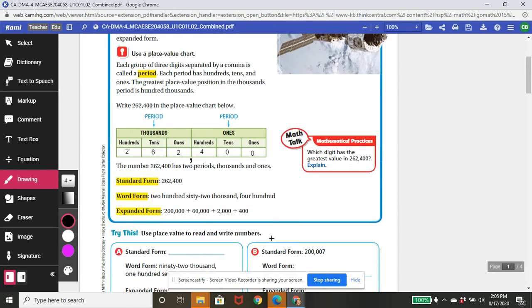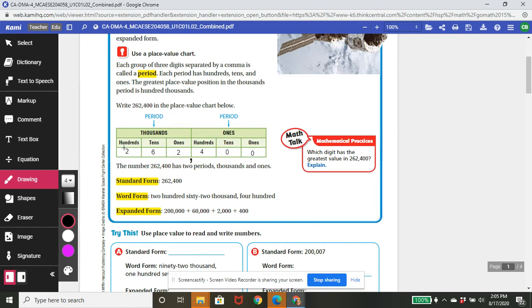Next, I'm going to write it out in expanded form. And the way that I do this is I take each column and I turn the rest into zeros. And then I do the next column and I turn the rest into zeros, and so on. So for example, here, there's a 2 in the 200,000.